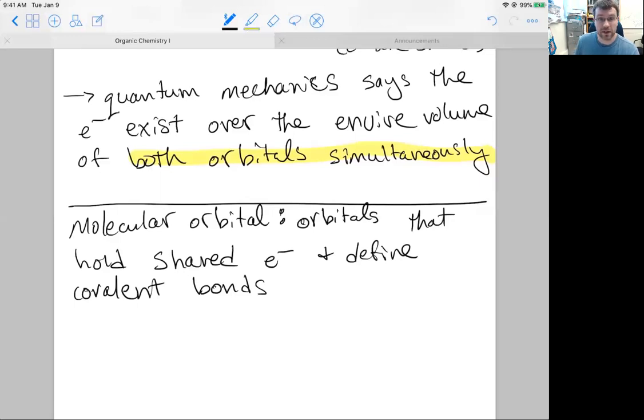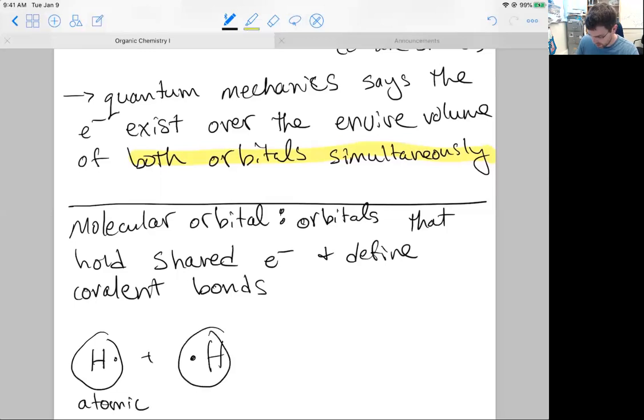But for now, suffice it to say, we're going to take an atomic orbital on the atom of hydrogen. We're going to mix those together to form a molecule of hydrogen.